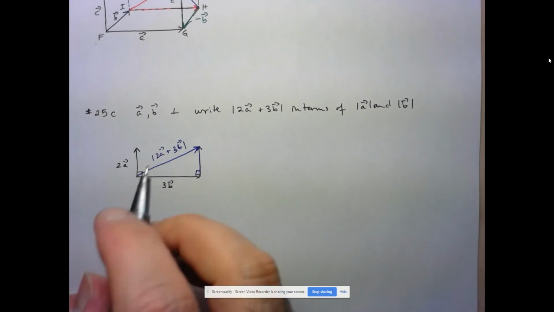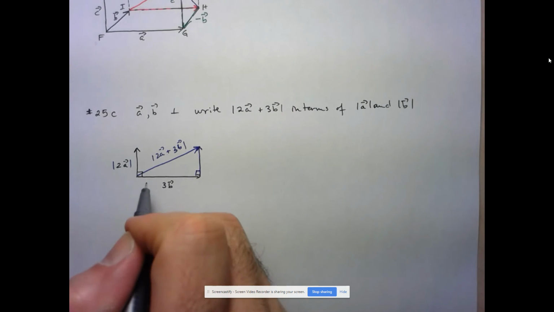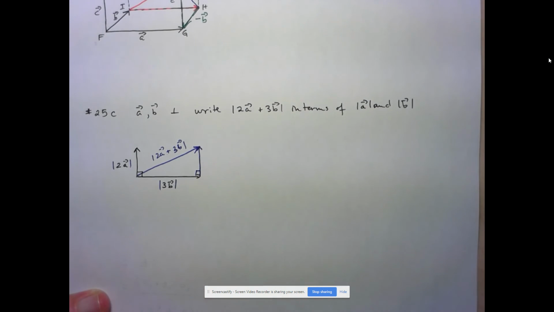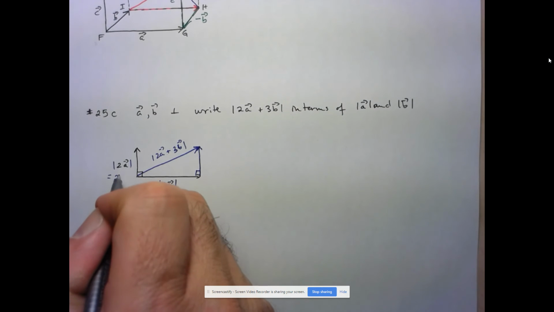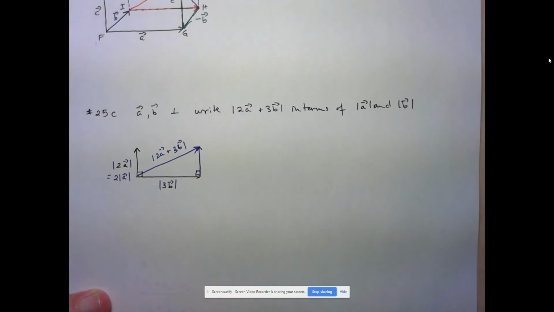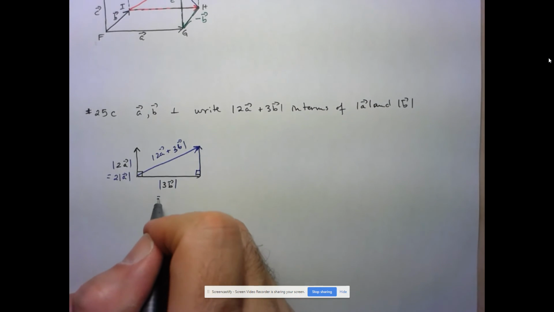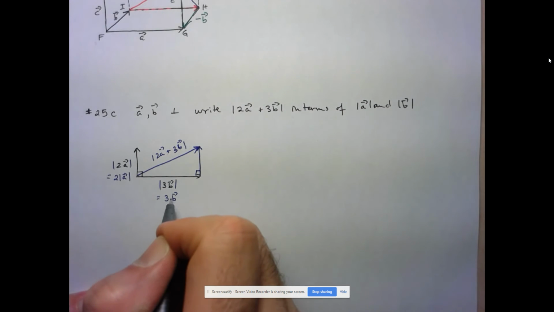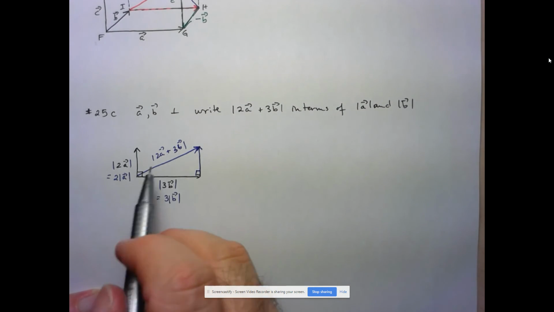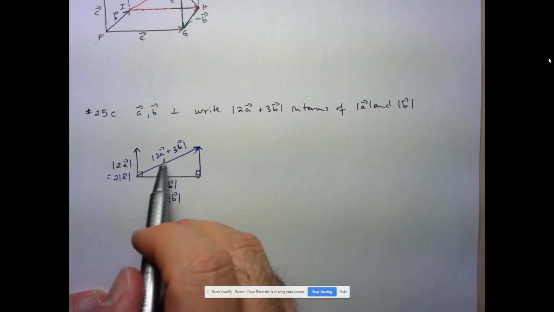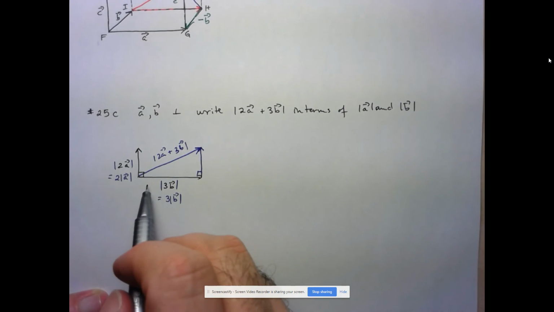If I'm looking for the magnitude, let me deal with the magnitudes of these. The magnitude of 2A is just 2 times the magnitude of A, and the magnitude of 3B is just 3 times the magnitude of B. To determine an expression for this, I can just use Pythagoras, because this is just the hypotenuse of a right angle triangle.